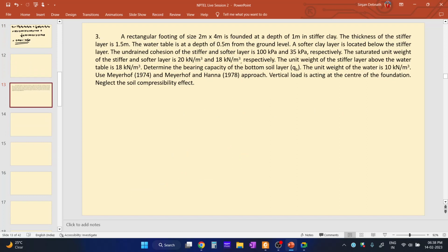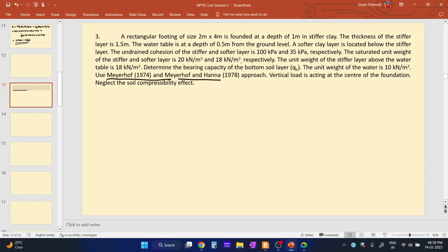Now the next few problems, problem number 3, 4, 5, and 6, are based on this method, Meyerhof 1924 and Meyerhof and Hanna 1978 approach. This is a single approach actually. It was developed by Meyerhof initially, and later the approach was modified by both Meyerhof and Hanna.